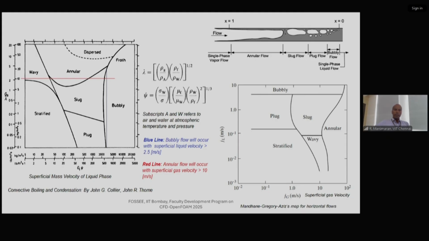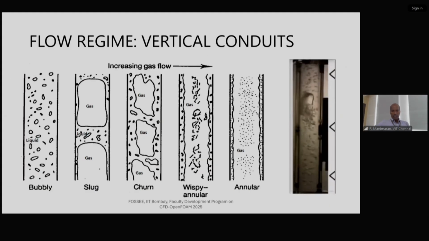They came up with non-dimensional numbers like the density of the gas to the density of the liquid, for air and water at atmospheric temperature and pressure. With that, they can distinguish the parameters between the flows. So here is a good example. You can see in this animation picture the bubbly flow, then slug flow, then churn flow, then annular flow, and then fully annular.